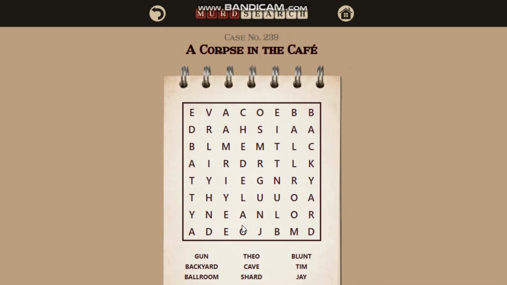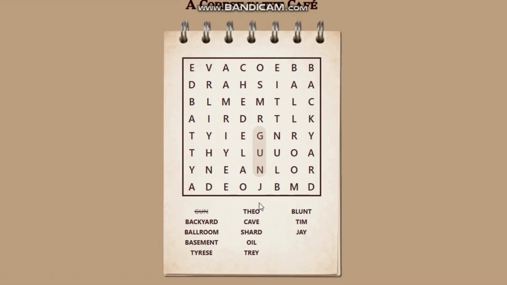So the first thing that we need to spell is G-U-N. Then we look for backyard. Next up is ballroom. Then we're looking for basement. We got a B here, but I don't see anything that spells basement. And we also have a B right here.